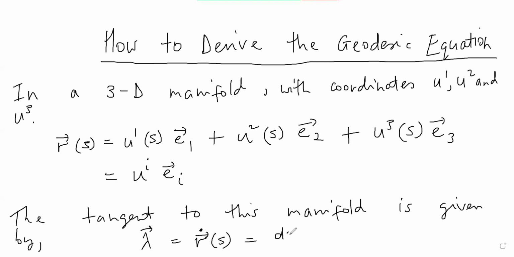This is the same thing as the derivative of r of s, the position vector of the manifold, with respect to s. So this is the tangent to this manifold expressed in terms of the arc length s. Okay, so that's how you express a tangent vector in this manifold.